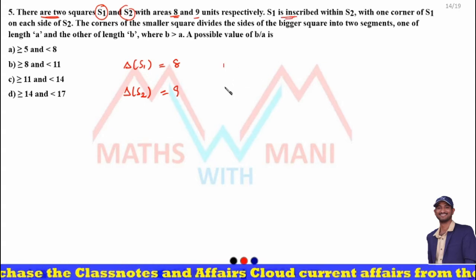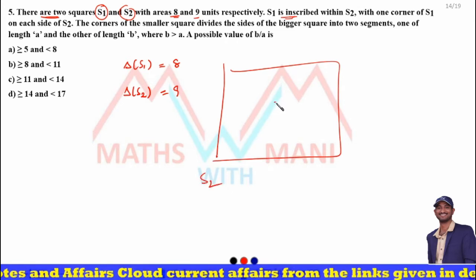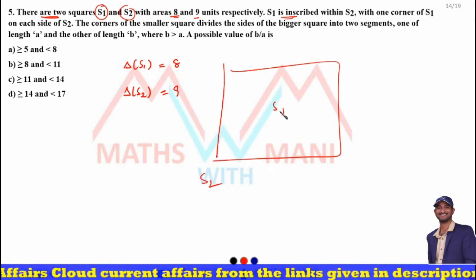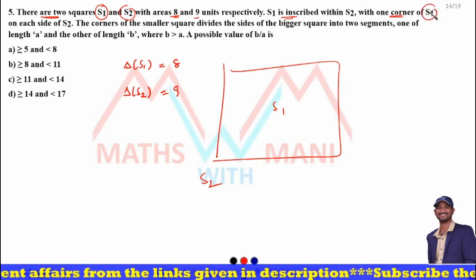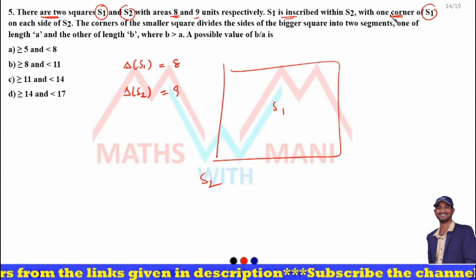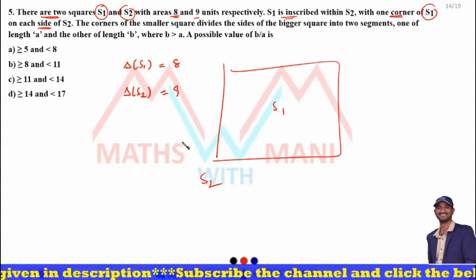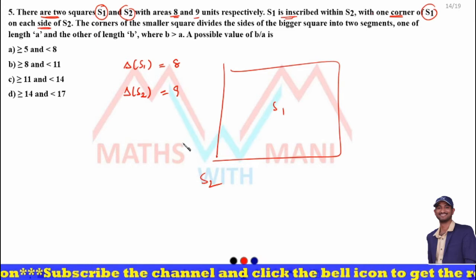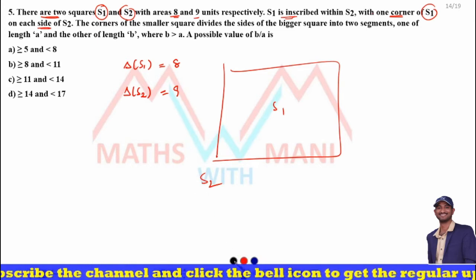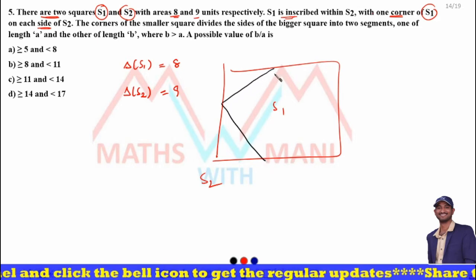So there is a square S2 and another square S1 inscribed in it, with one corner of S1 on each side of S2. A square has four corners, and each corner lies on each side of the square S2. So the inner square looks like this.